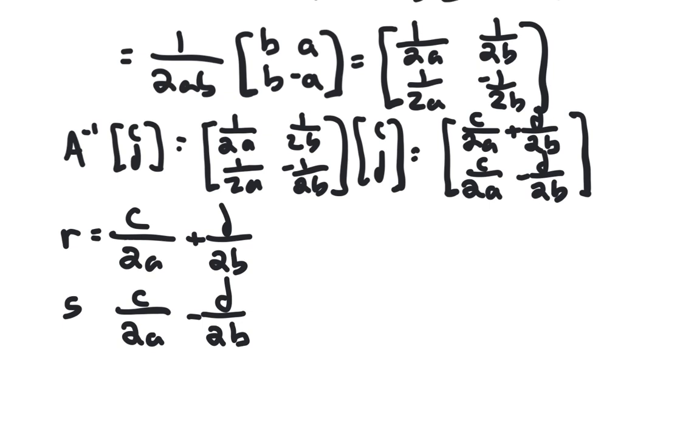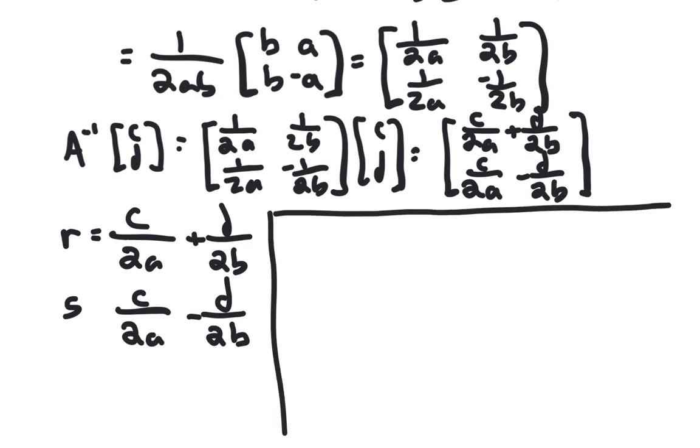And while this is a little bit of work, it does give us a formula for finding a linear combination of z and the conjugate of z for any complex number that you like. So let's just do a quick example of that here. So let's let z be, let's say, 2 plus 3i.